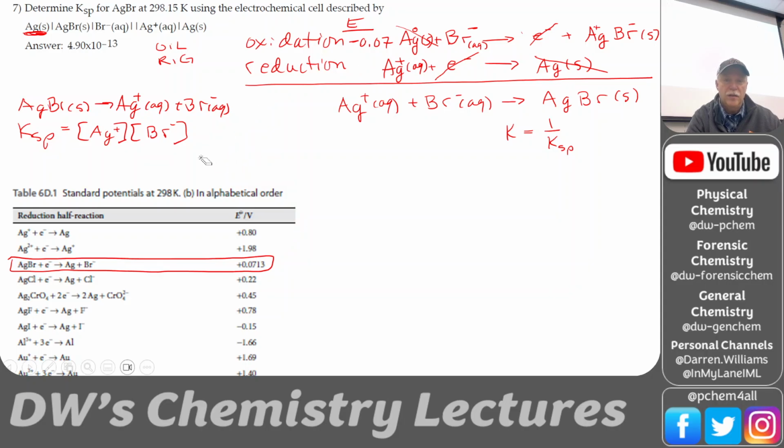Okay, and then let's find the silver reduction. So that's the first reaction in this table. And it's written as a reduction up here, so we don't change the sign on that one. So that's a plus 0.8.